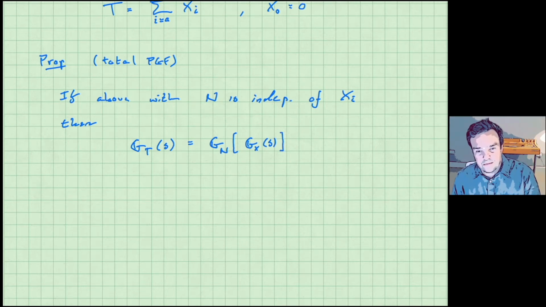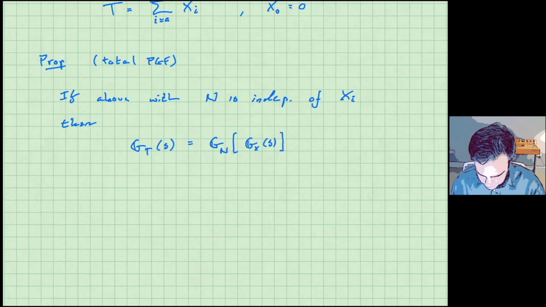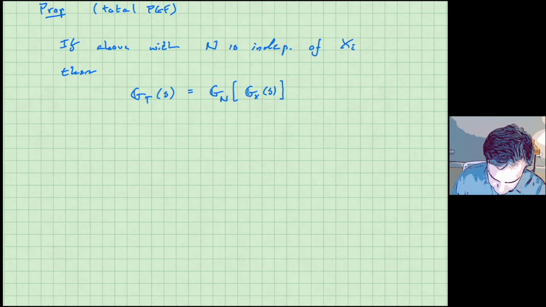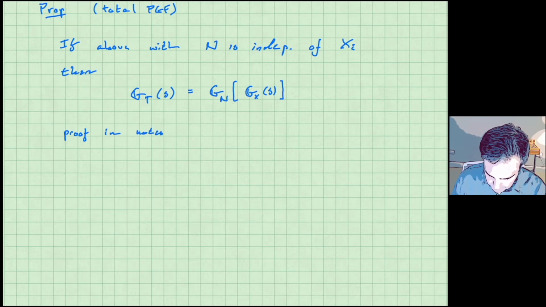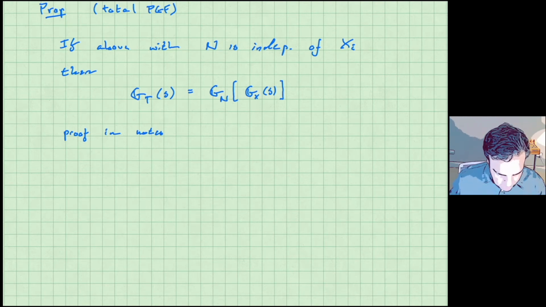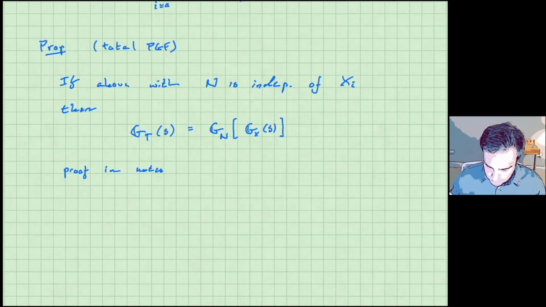It's like compound functions: this g sub N has as its argument g sub X. We're not going to prove this. The proof is in your notes or sheets, not in the main slides but in the supplemental piece with the proofs. But this is the important proposition that I want to make use of with this elaborate construct.